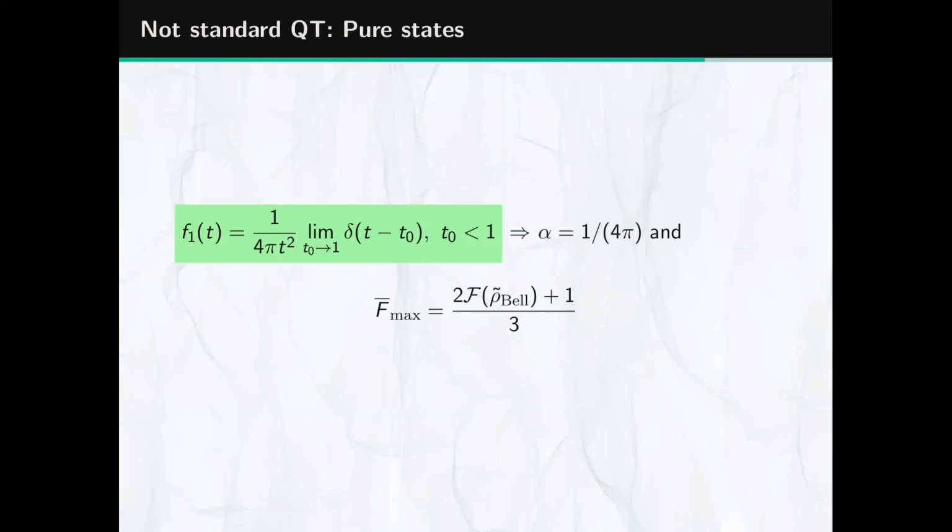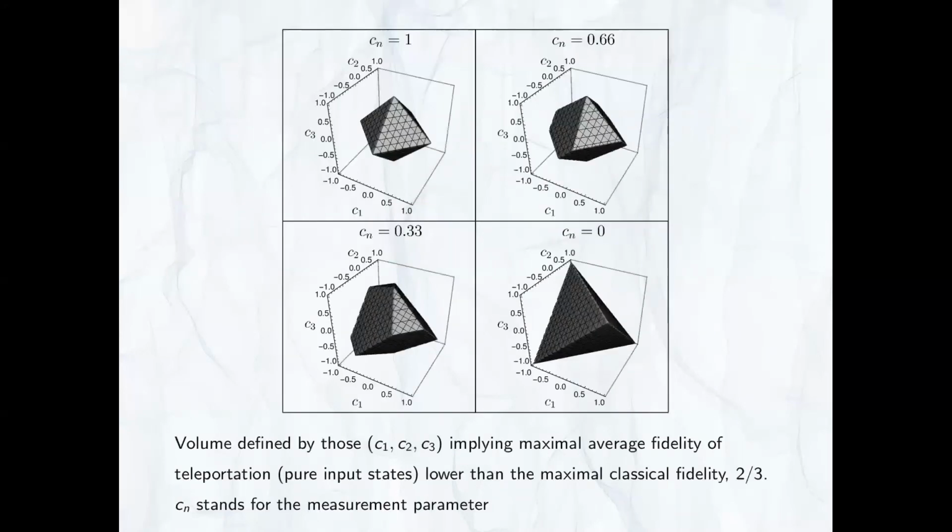Let's take now the known situation, that is pure states. If we take pure states, the general maximal average fidelity takes this expression. And here we have the volume of the sets: the volume of those vectors C1, C2, C3 that correspond to a non-useful protocol.